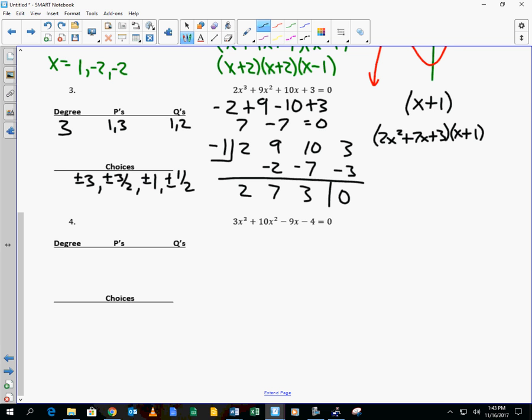Turns out that thing does factor. If you didn't get 0, then you made a mistake. Remember, the remainder theorem says if we plug it in and we get 0, then we should get 0 when we do the synthetic division. 2x times x. So I bet 2x squared plus 7x plus 3 does factor, doesn't it?